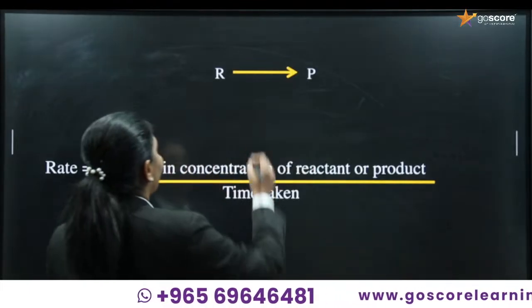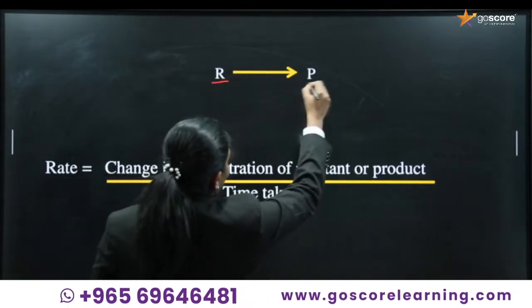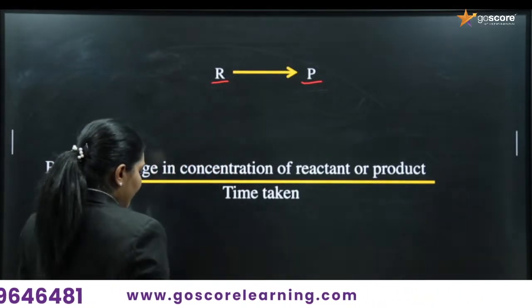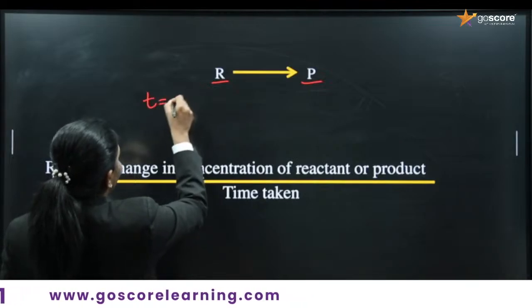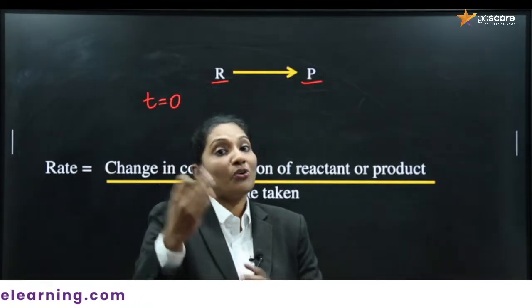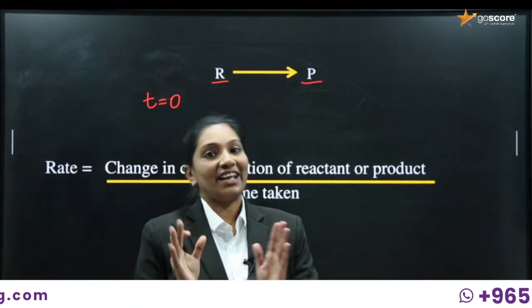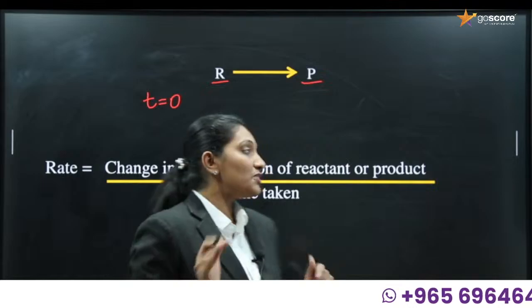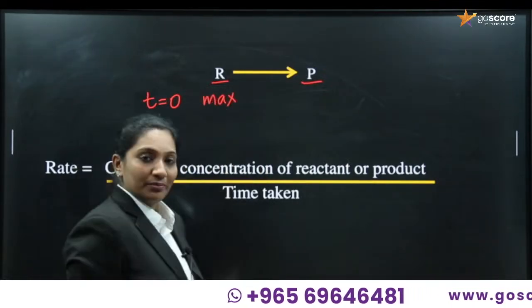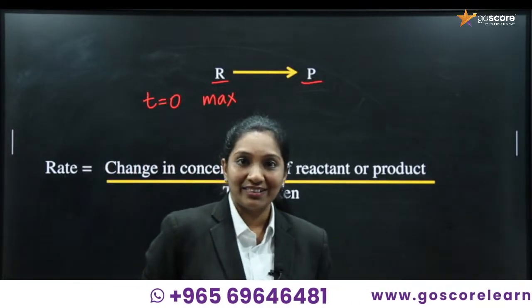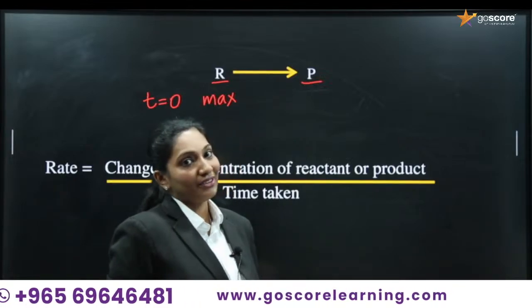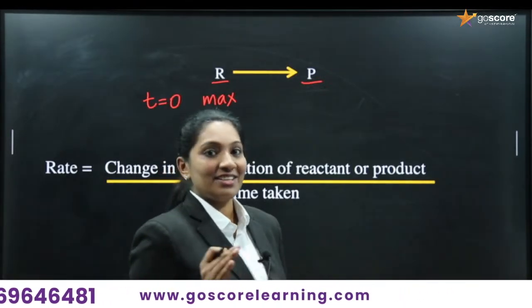So if you consider a reaction, reactant changing into product, at the initial time, that is the time t is equal to 0, there will be more reactant because the reaction has not yet started, right? So here the reactant concentration will be maximum. And what about the product? At 0 time, the reaction has not yet started, so the product concentration will be 0.